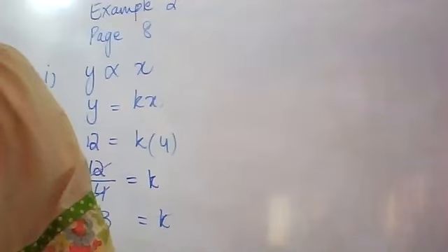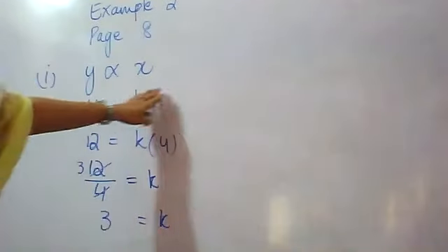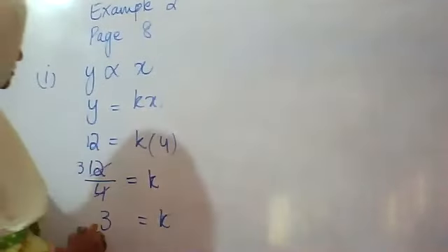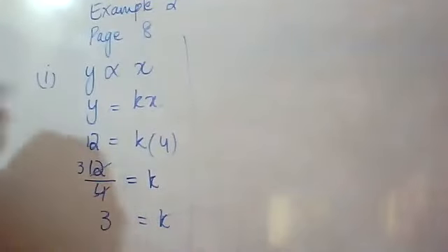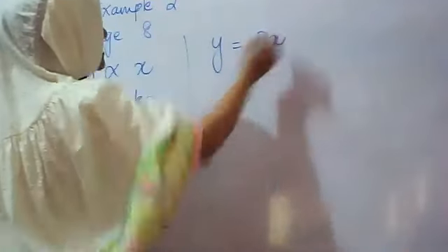They are saying write an equation connecting y and x. Y is equal to 3x. Perfect. Y is equal to, I am writing it here. You will write it under it. That is the answer of your first part. Y is equal to 3x.